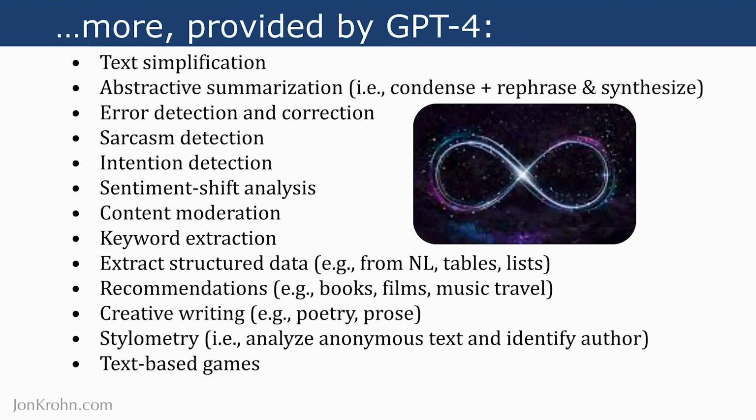And text-based games, this is fun. Even with ChatGPT at Christmas, I was at a Christmas party. My sister hosted a Christmas party. And a bunch of people at the party hadn't used ChatGPT yet. It was sacrilegious. And so it turned out that a lot of people there liked Harry Potter a lot. So my friend and I, who had a lot of experience with ChatGPT, used it to create a Harry Potter quiz game.